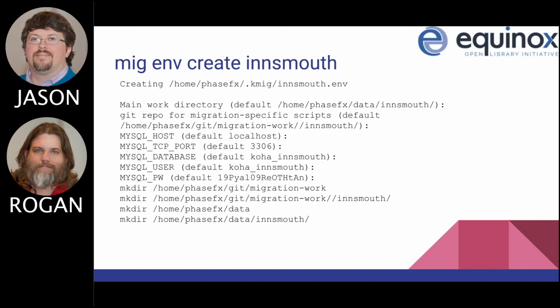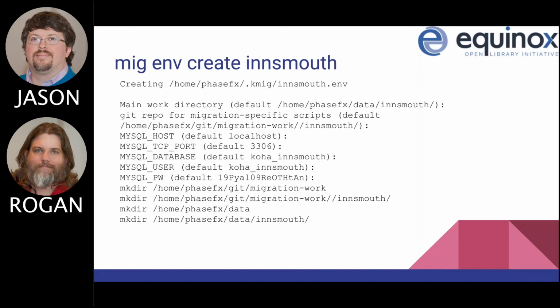And if you, for example, give it the parameter of a Koha installation that exists on your system, you know, one where you have the koha-conf.xml file for it under koha-sites and all that, it can pull a lot of this information automatically for you from that file and populate it for you.